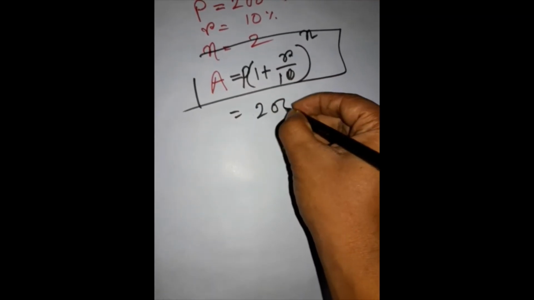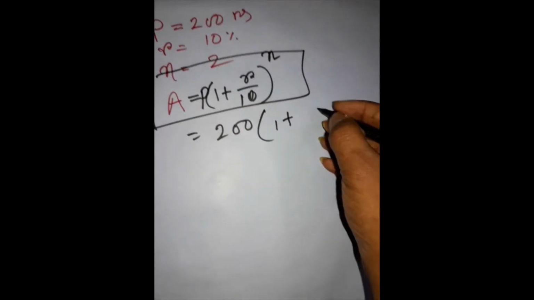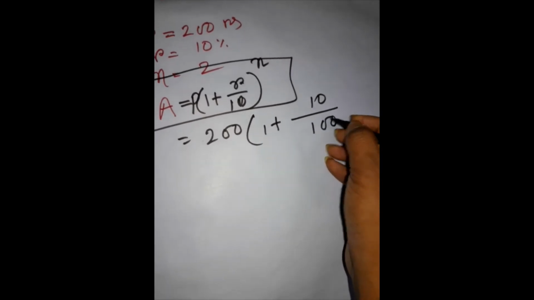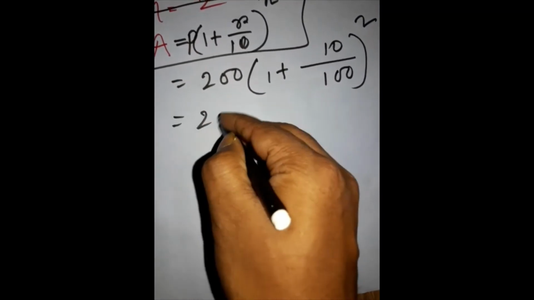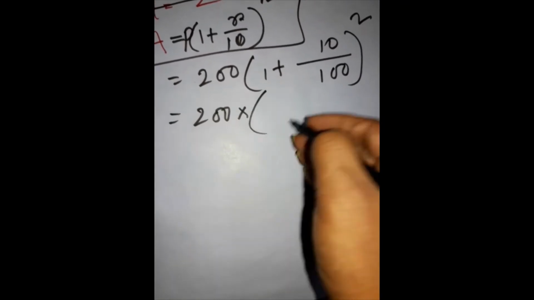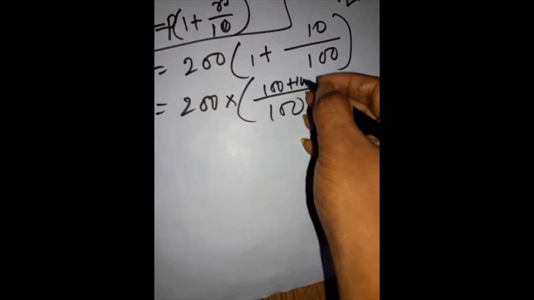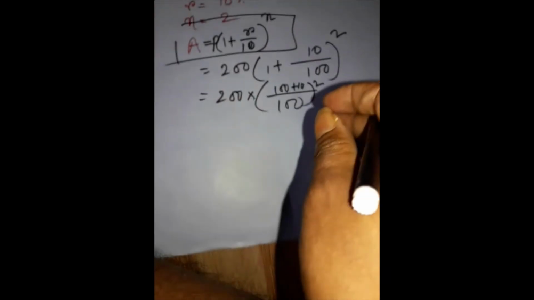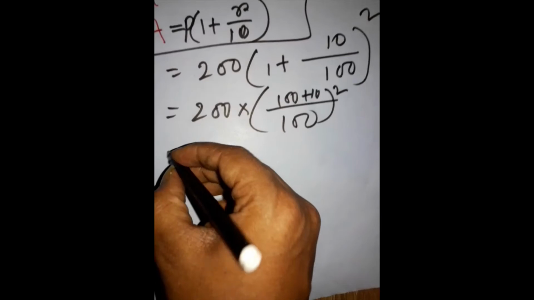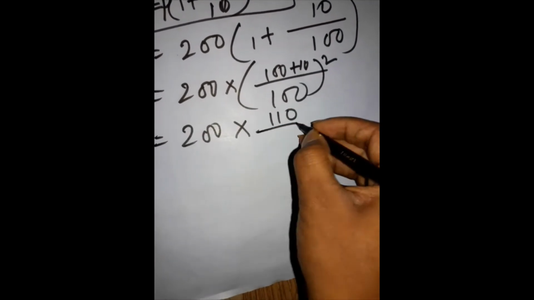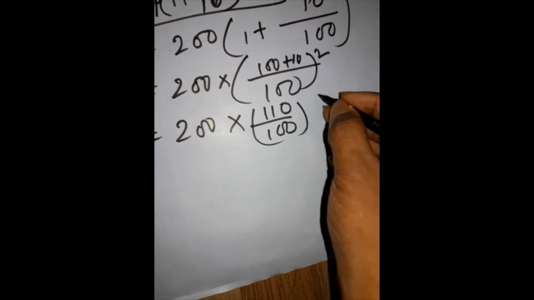So in our case, what is P? P is nothing but 200. 1 plus, what is R? R is nothing but the 10%. So 100 square. Understand? So that is 200 into, I am explaining in detail, so that is why I go into that matter. 200 into 110 by 100 square.